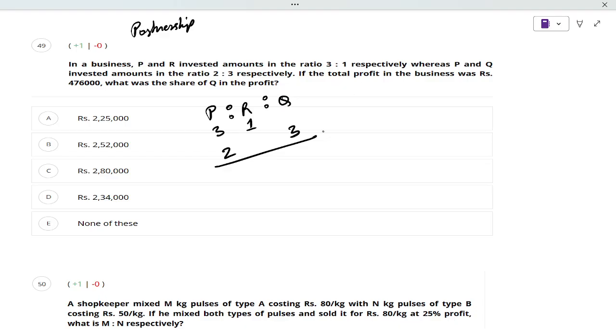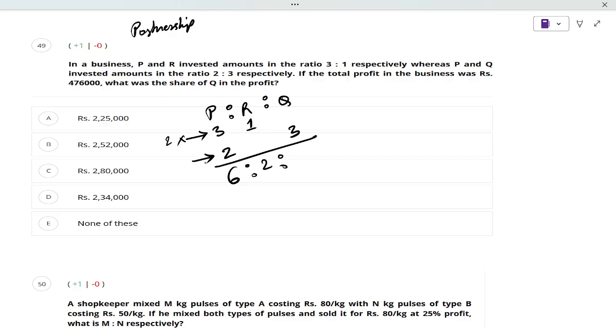Now let's find the ratio first. Here we have B, which has 3 and 2. Whenever you come across two numbers for one variable, you just take the LCM. 3 and 2's LCM is 6. In the first ratio, 3 and 1, we have 3 but we took 6, so we need to multiply by 2. 2 threes are 6, 2 ones are 2.